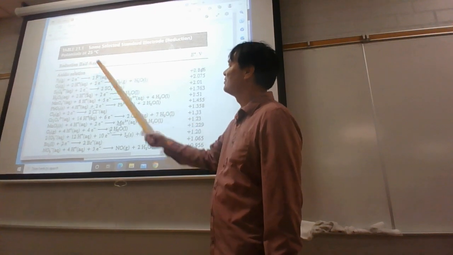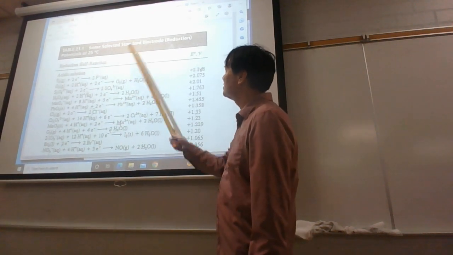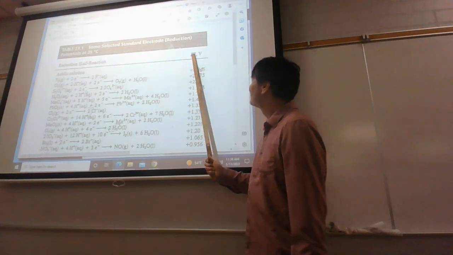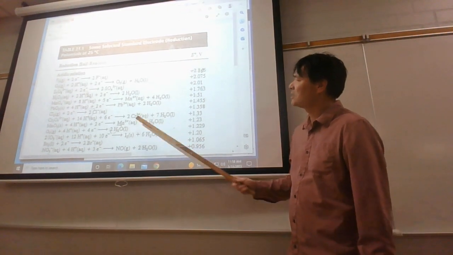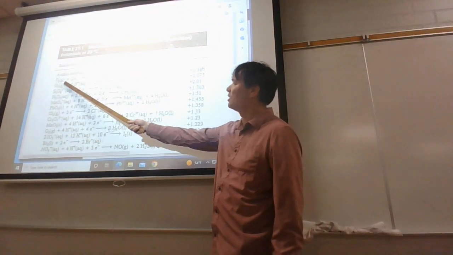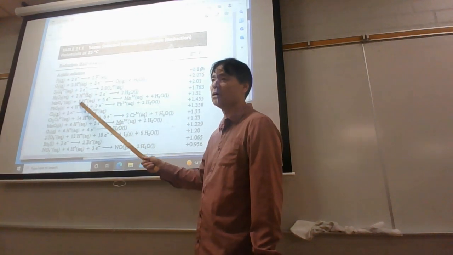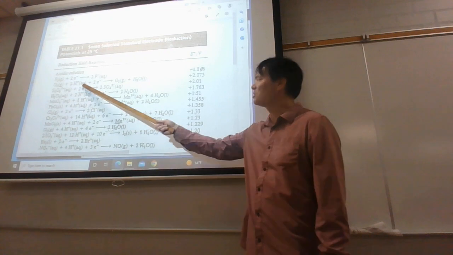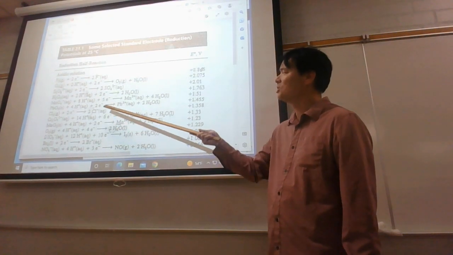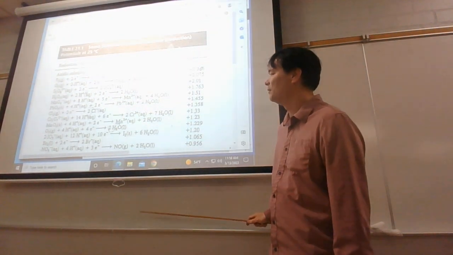So one, this is for room temperature. Two, this is for standard conditions. This little superscript 0 means standard conditions. Standard conditions means that the gases are at 1 bar or 1 atmosphere and that the solutions are at 1 molar concentrations.